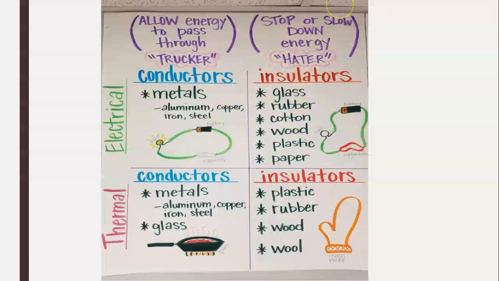So insulators are glass, rubber, cotton, wool, plastic, paper. If we were to try to do one of these, it would not allow that energy to move through a system. So we replaced our paper clip with our rubber band. They are also great insulators, meaning that they want to hold the heat in. They do not want it to pass out through another system. It's going to hold it there. They hold that energy.